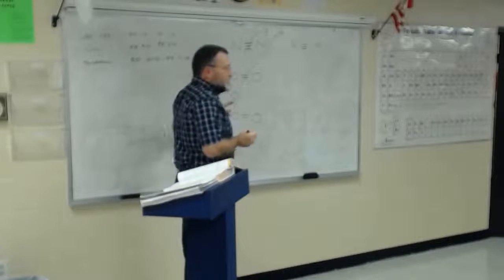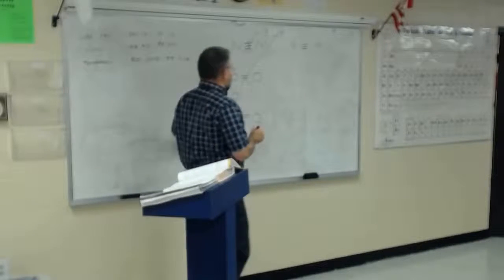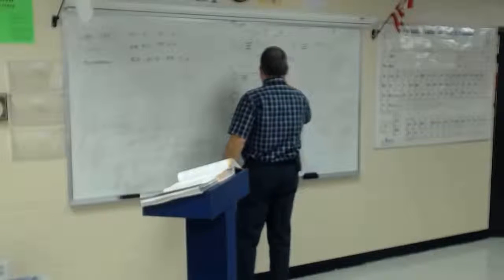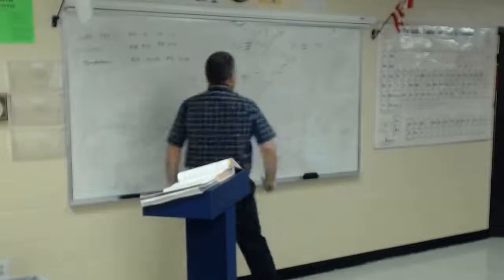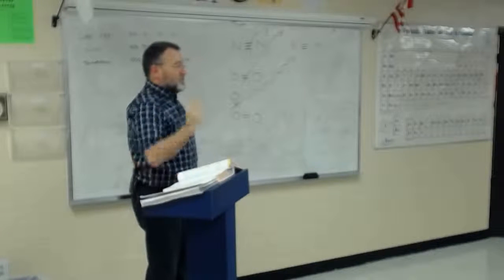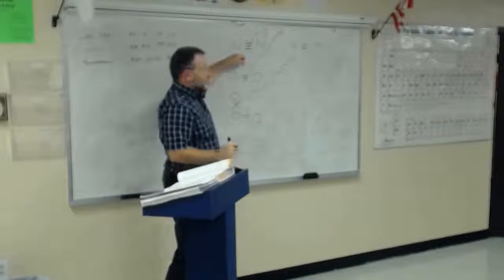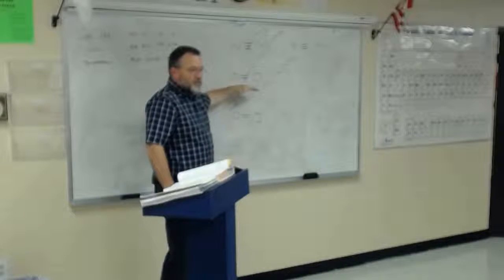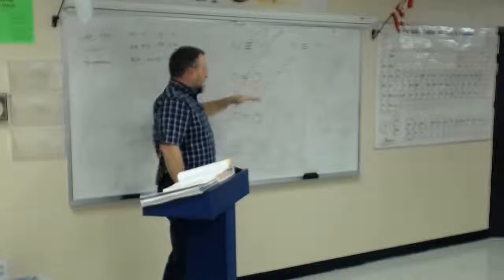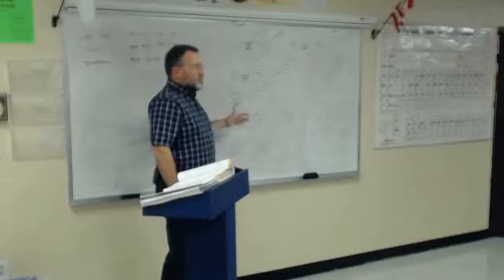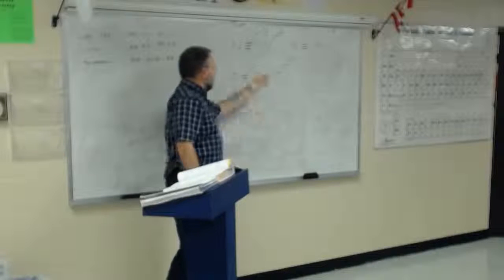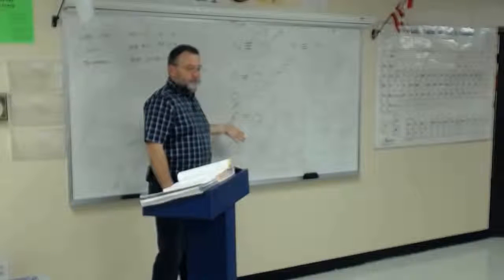And UVs have enough energy to break up a single bond. So here I might go a UV to break up a single bond. Ultraviolet does not have enough energy to break up a triple, so if it impacts a triple, it keeps going. It doesn't have enough energy to break up a double, so it keeps going. If it runs into ozone, ozone has a double and a single bond. If it finds an ozone, it has enough energy to break up the single bond.